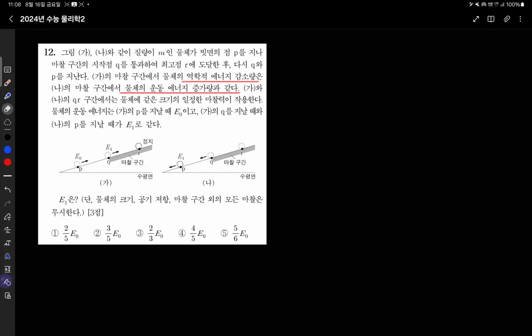And when it goes up or down, the same magnitude of friction will be applied. So that means when it goes up and down, the same amount of energy will be lost by friction.